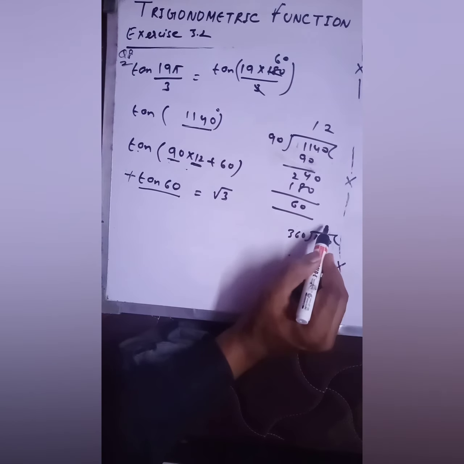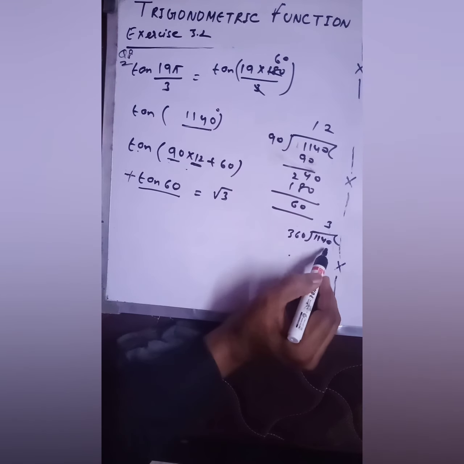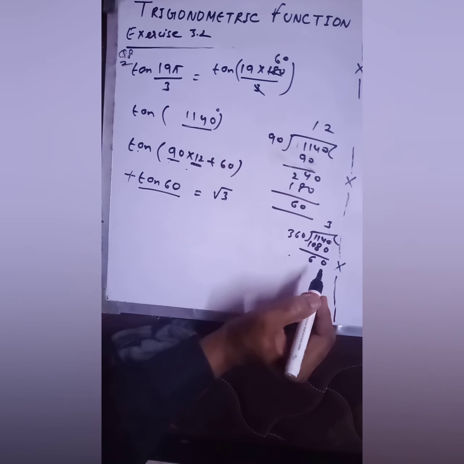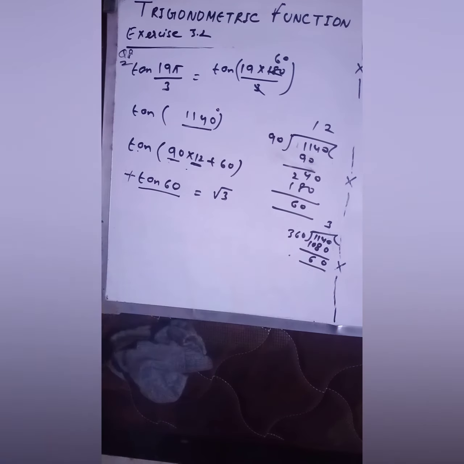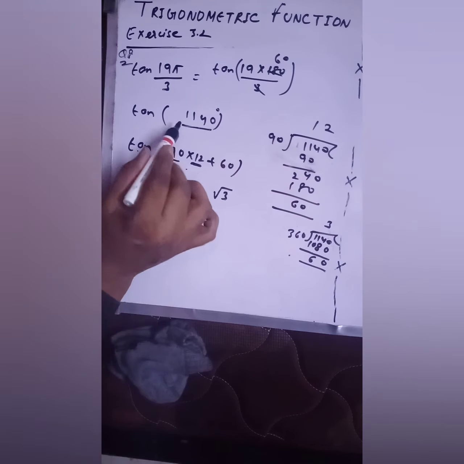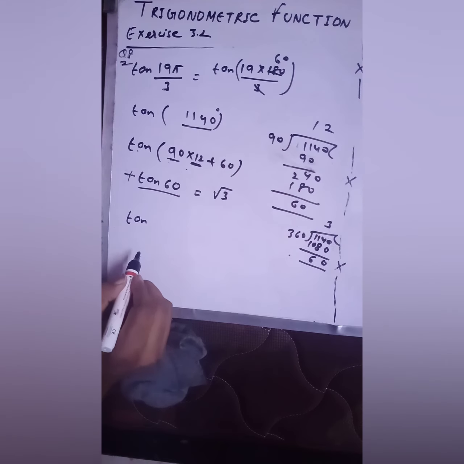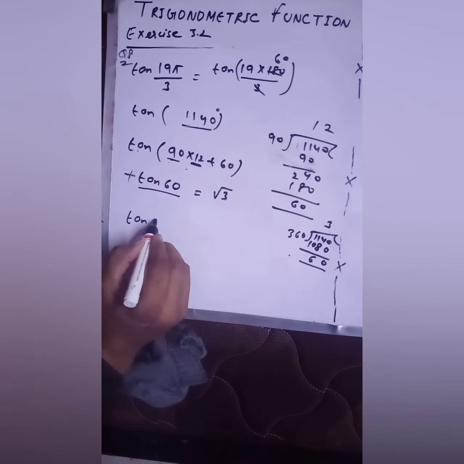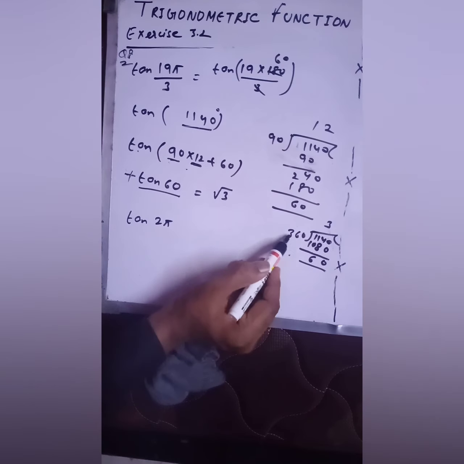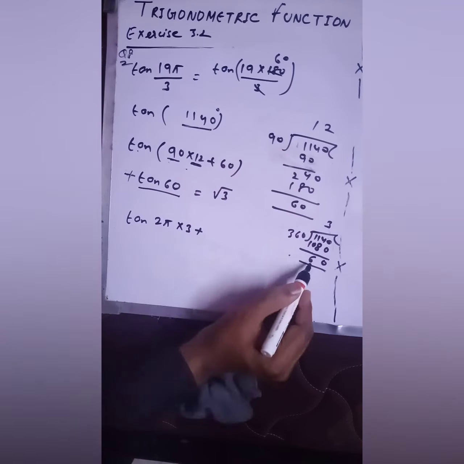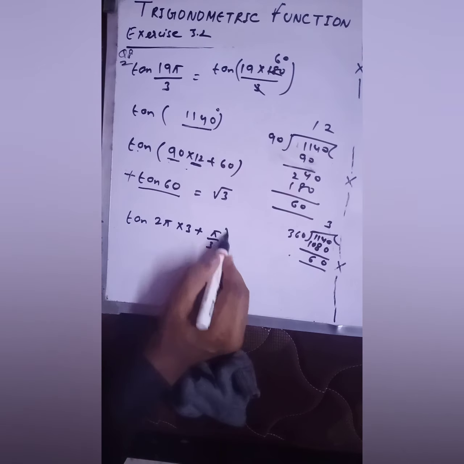So you will get 3. Here I'm writing, I can write this angle as tan, at the place of 360 I'm writing 2 pi into 3 plus 60 means pi by 3.